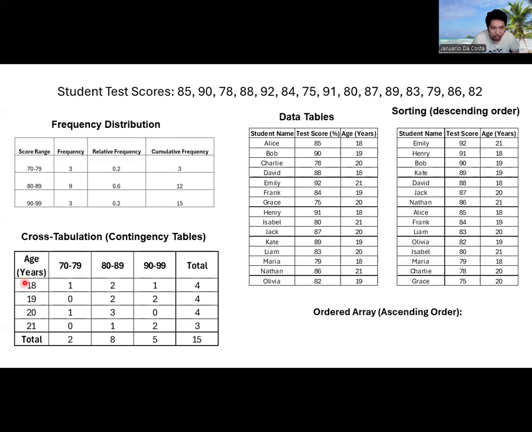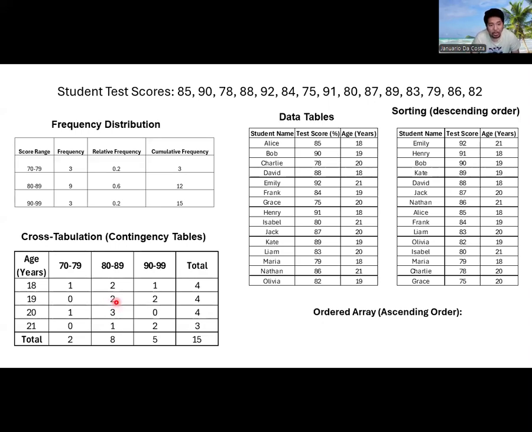can get a grade of between 80 to 89%, how many students get grades of between 80% to 89% and are 19 years old? The grade 80 to 89, 19 years old is here. So there are 2 students that get the grade of between 80 to 89% and they are 19 years old.